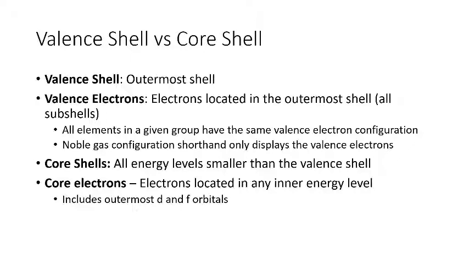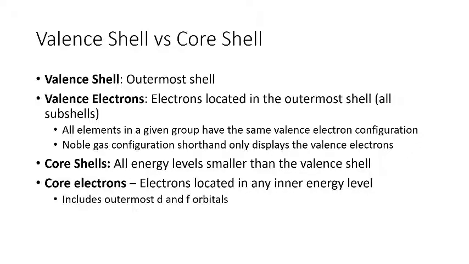So if our valence shell is energy level 3, the n equals 1 and n equals 2 energy states are both core shells. Core electrons are the electrons located in any of these inner energy levels. Important to note, these core electrons include the outermost d and f orbitals. So d and f orbitals will never be considered valence electrons.